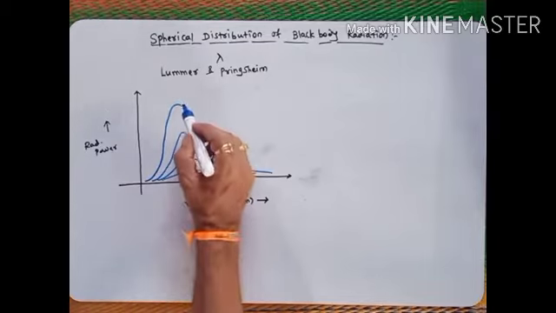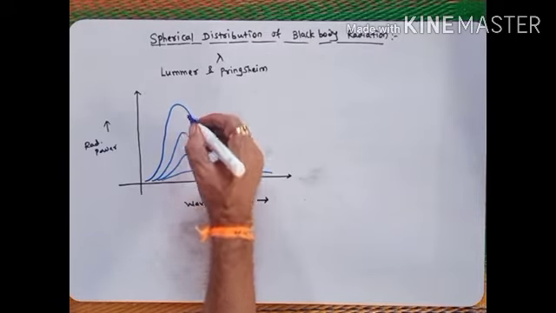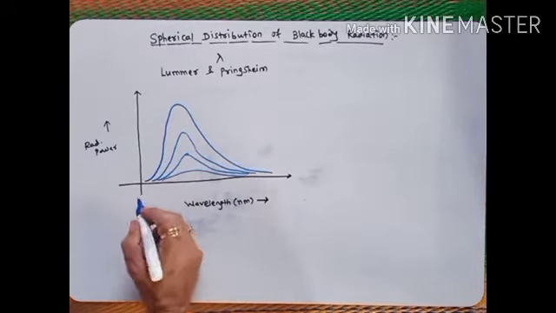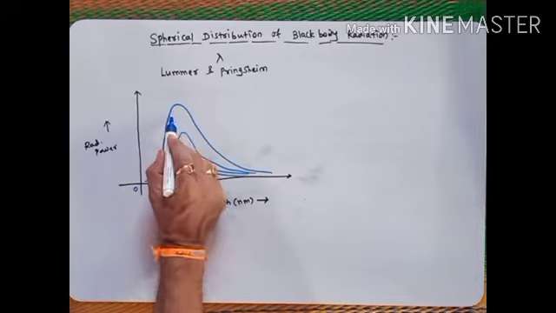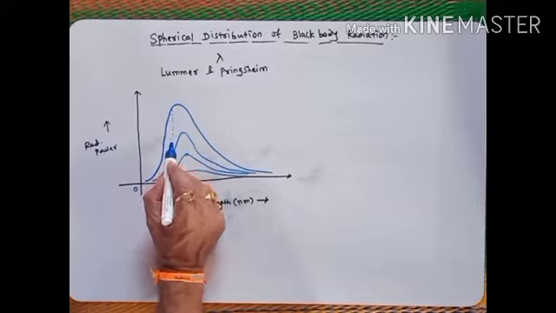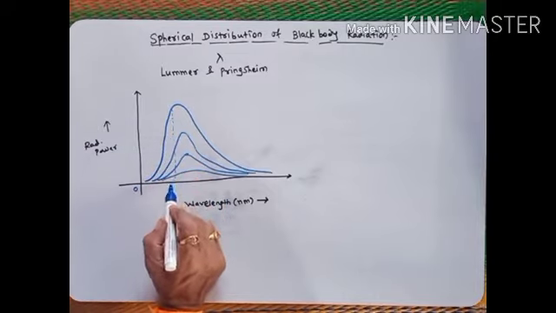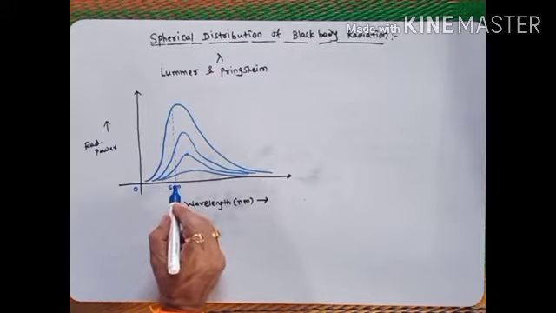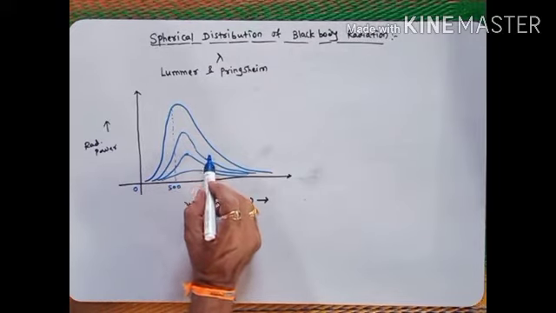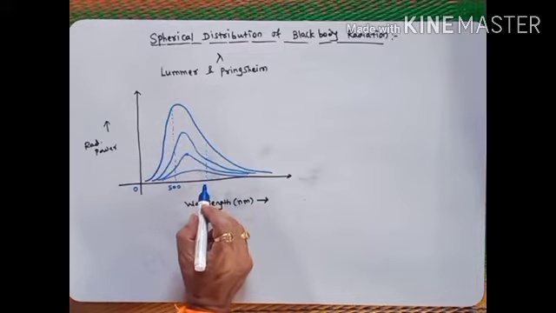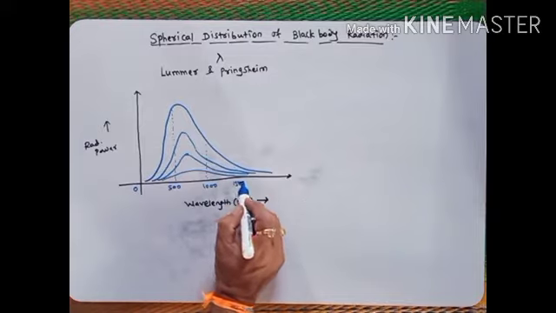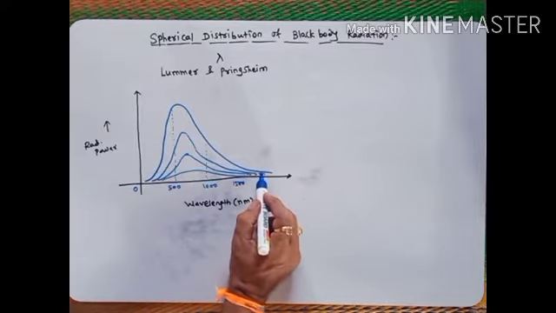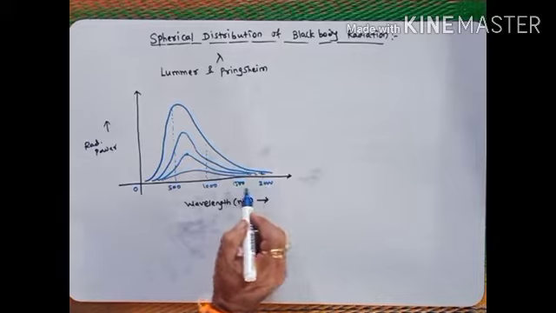Here, for this first graph, we consider wavelength is here 0, 500 nanometer, 1000 nanometer, 1500, 2000, like this.